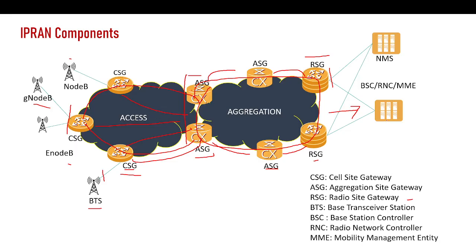In this diagram, I've just used the standard topology, but nowadays we have the SRAN solution. So you have different nodes, like the node B, G node B, E node B, BTS. Nowadays, all these nodes are in one box, and we only have one connection to the CSG. So at site, you don't expect to have 10 connections from different radio access technologies to the CSG.